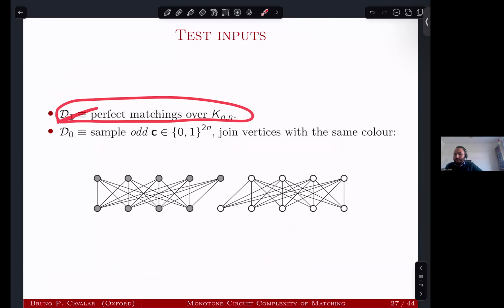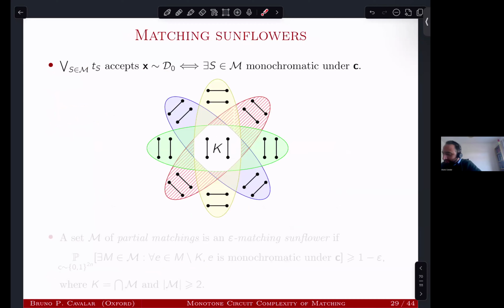Okay, so I just copied what I had before. So this DNF is accepting this D0 distribution if and only if there exists a monochromatic matching under the coloring C.